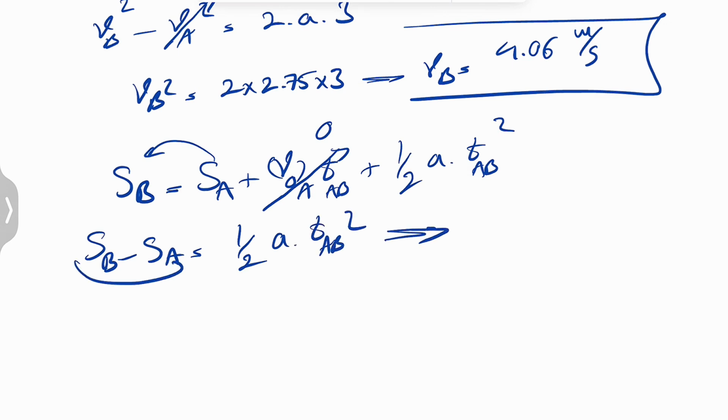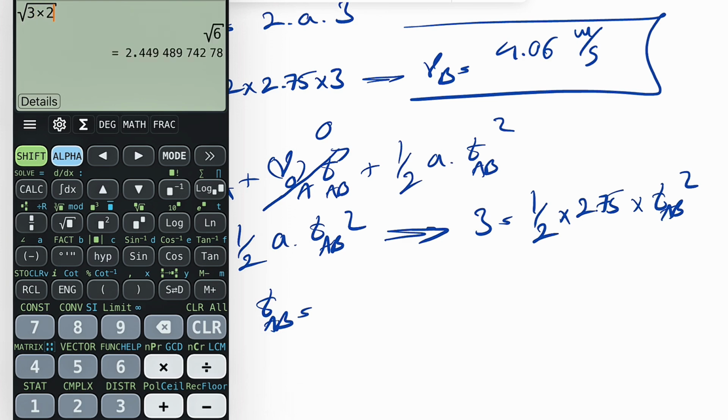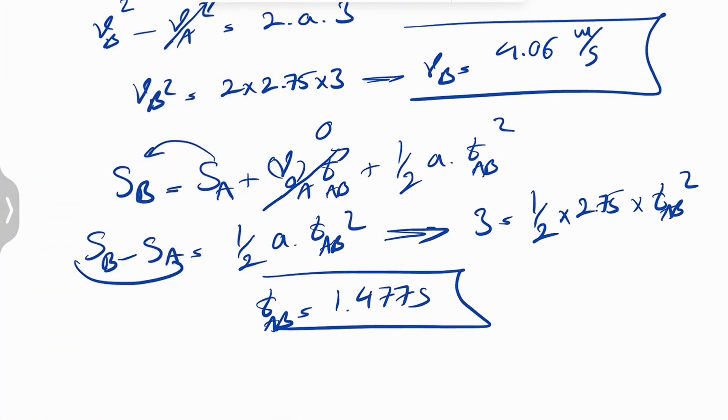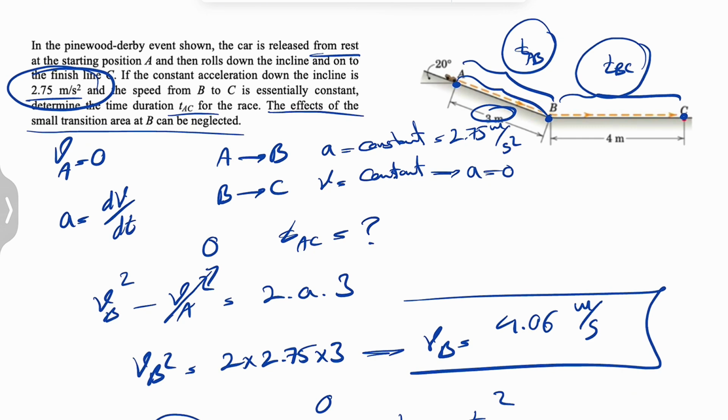We know SB minus SA is 3, so it's equal to 1/2 of the acceleration, 2.75, times TAB squared. Now we can find the time. TAB is the square root of 3 times 2 divided by 2.75, which gives us 1.477 seconds.